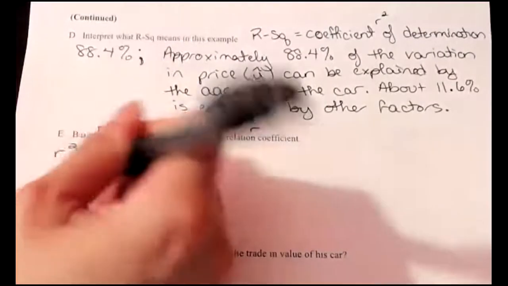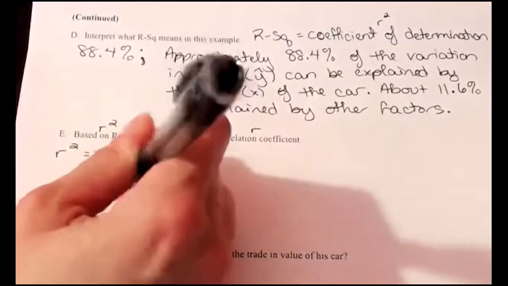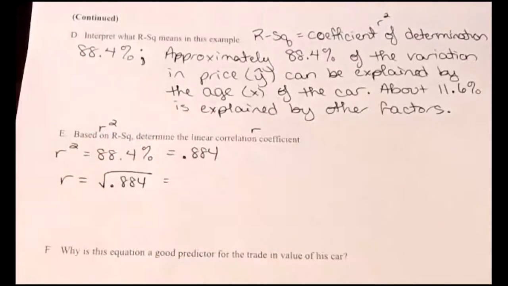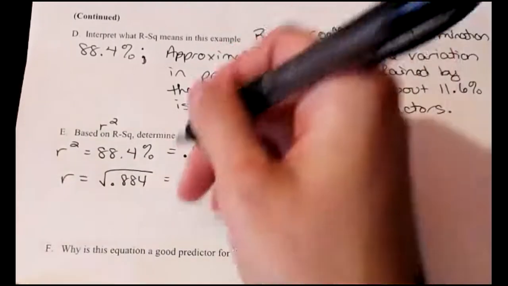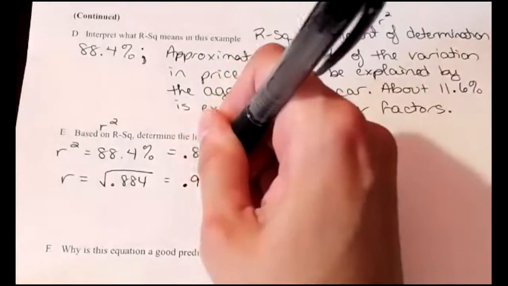So R is going to be the square root of 0.884. Give me your answer to 2 places after the decimal. 0.94. Yes, 0.94.